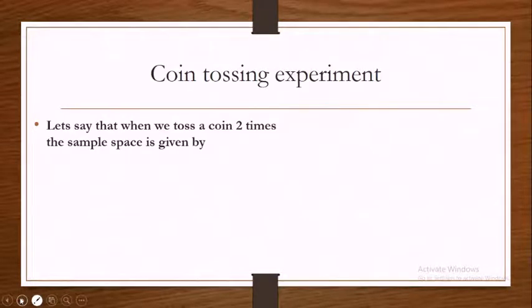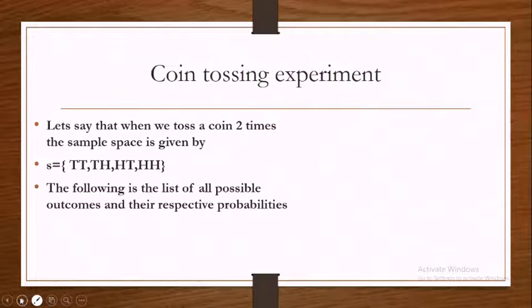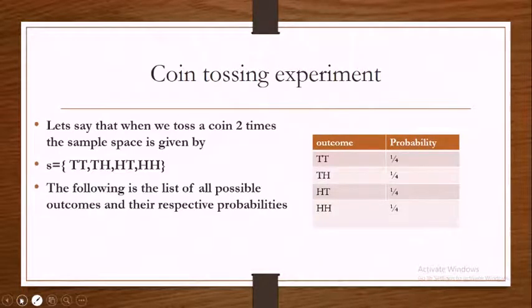Let us say that when I toss a coin 2 times, the sample space is given as this, right? So S is equal to TT, TH, HT and HH. Then the following is a list of all possible outcomes and their respective probabilities. Here I'm going to show you a table.